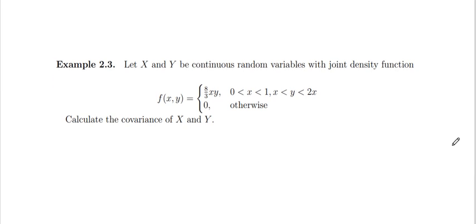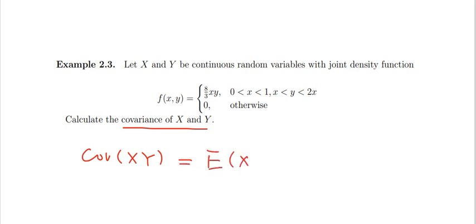Oh, okay. So for this problem, quite the same. We want to find the covariance for X, Y. We use this notation, covariance of X, Y, which equals E[XY] minus E[X]E[Y].